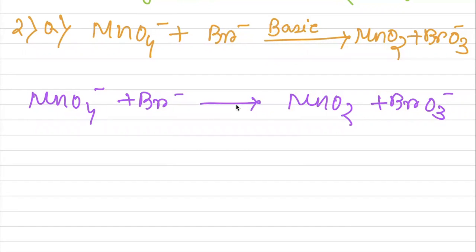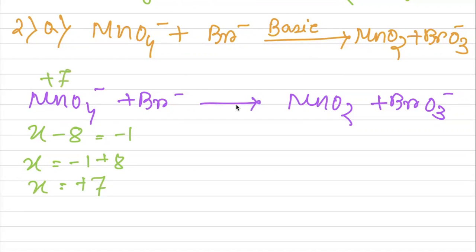No, let's see. MnO4 minus. So here Mn will be x minus 8, because oxygen is always -2. So x minus 8 equals to minus charge is there, -1. X equals to -1 plus 8. So x become +7. So here Mn become +7.